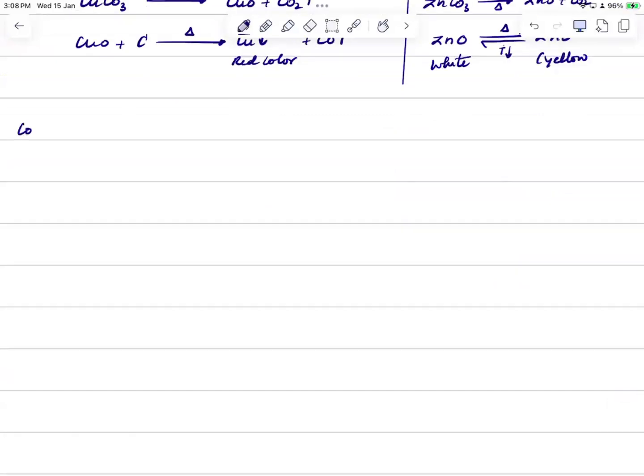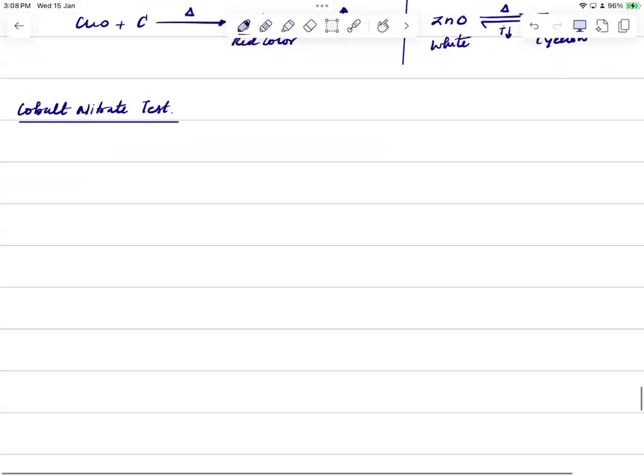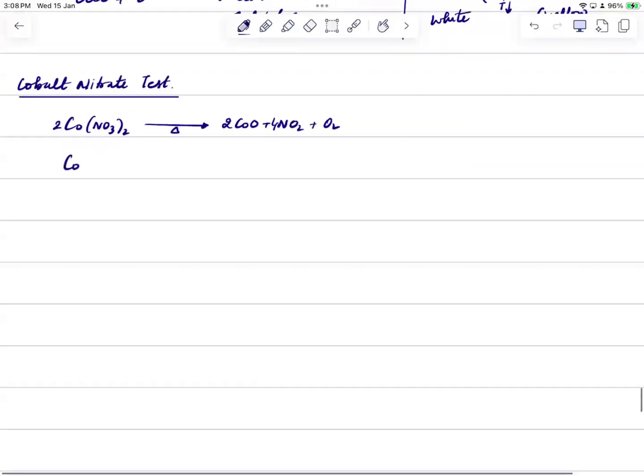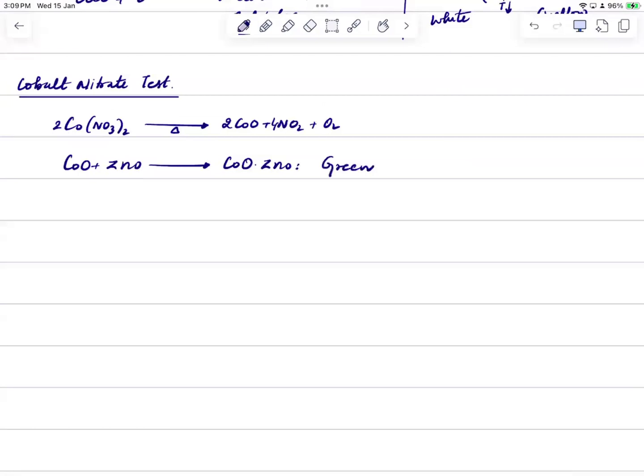Then it is the cobalt nitrate test. In the cobalt nitrate test, basically we are trying to make a complex with cobalt so that it can impart color. So cobalt nitrate on strong heating will convert into cobalt oxide plus NO2 plus O2. Now this cobalt oxide, if it is with zinc oxide, will give you CoO.ZnO, which is green color.